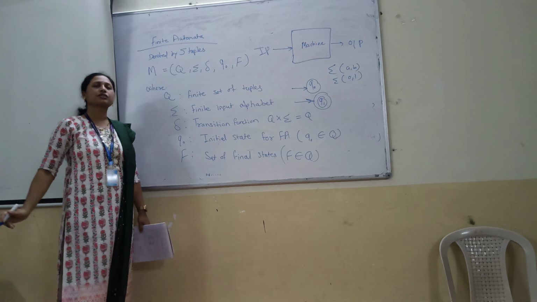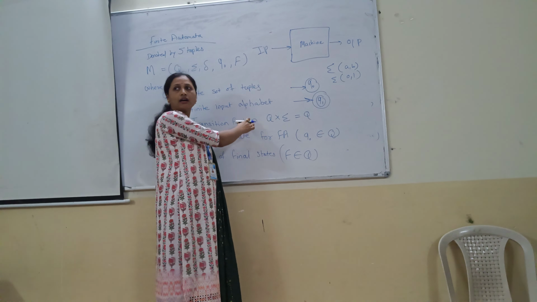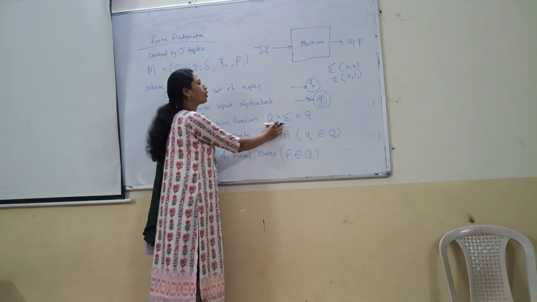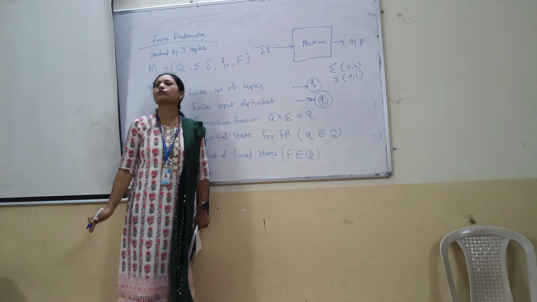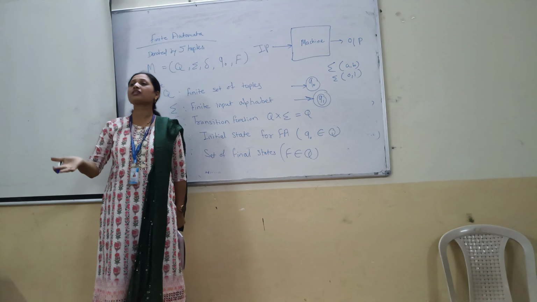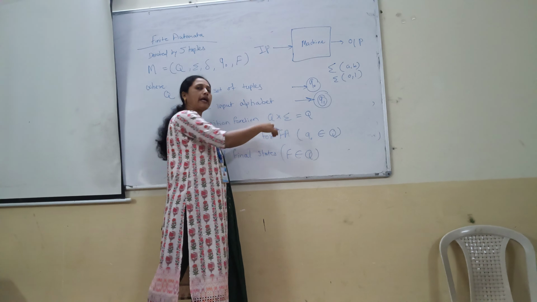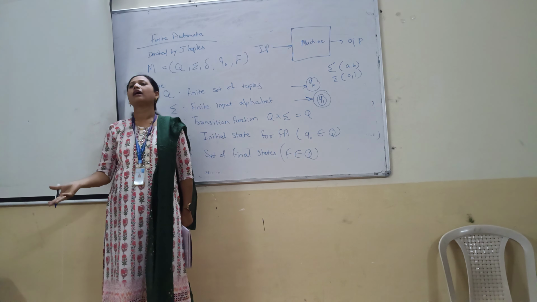Then the transition function. Students, here the transition function in the finite state is Q cross sigma gives you Q. So what is this Q? Q means at which state you are, and after giving some input, at what state you are reaching.